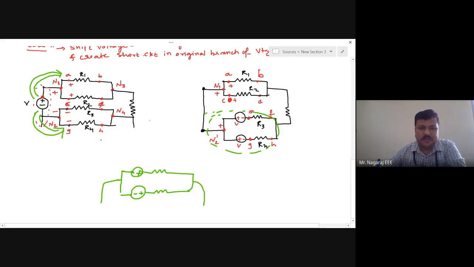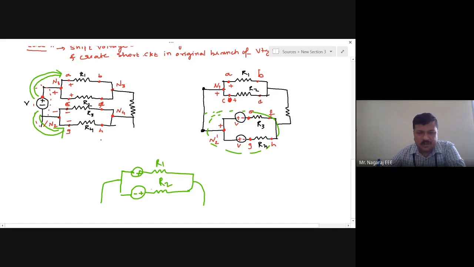Why? Because sometimes, if a source is there in a particular branch, I cannot take the effective value of that. Can I take the effective resistance of these two until I convert these branches into current sources? Now this is R1 and R2.